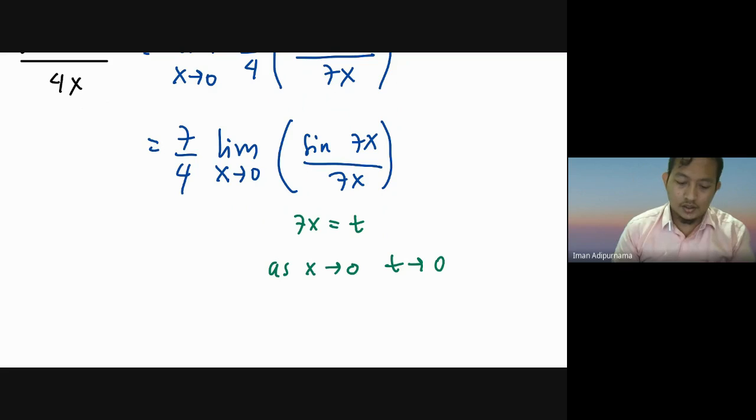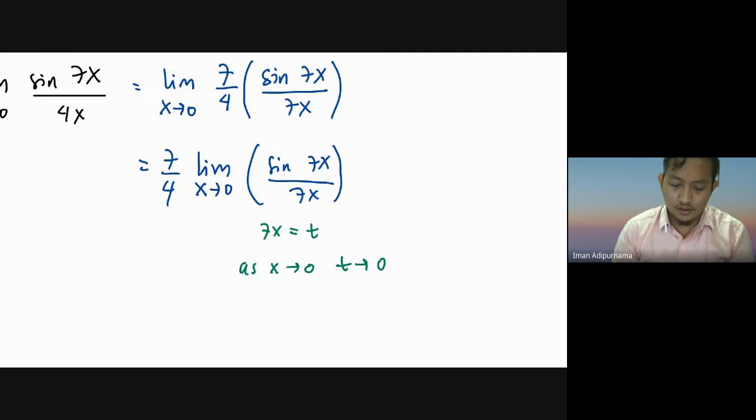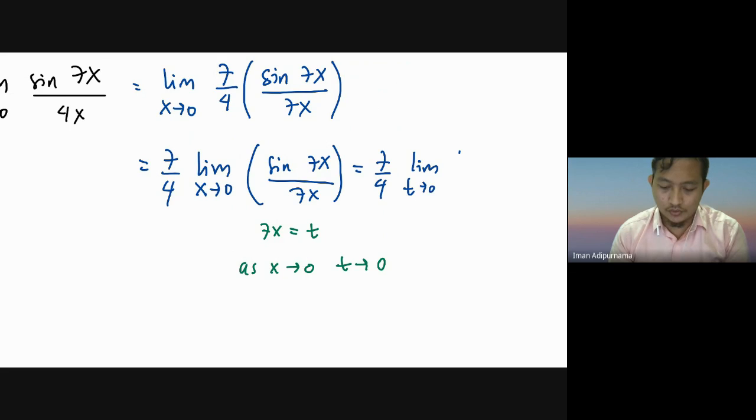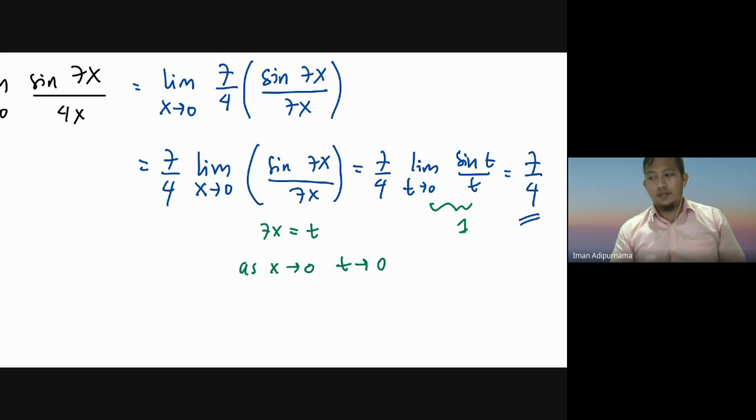So we can write that this is the limit as t goes to 0 of sine t over t, which is equal to 1. So we have 7/4.